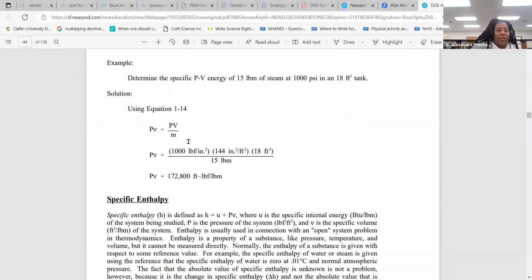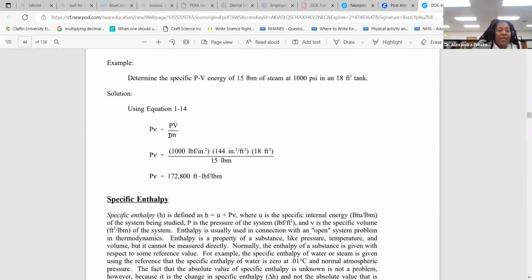And so in order to determine the specific energy of 15 pounds mass of steam at 1,000 PSI in an 18 cubic foot tank, you have to use that equation that was referred to earlier.